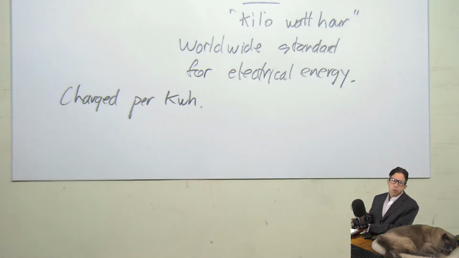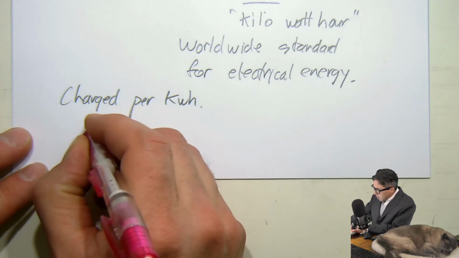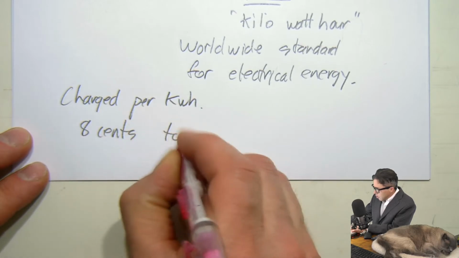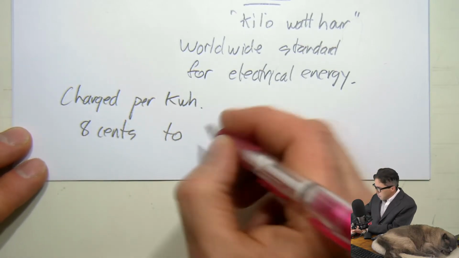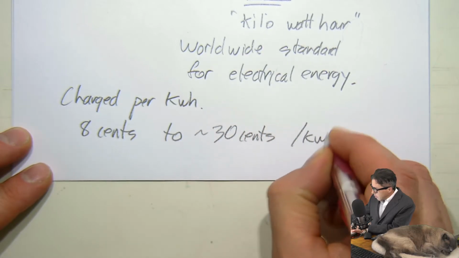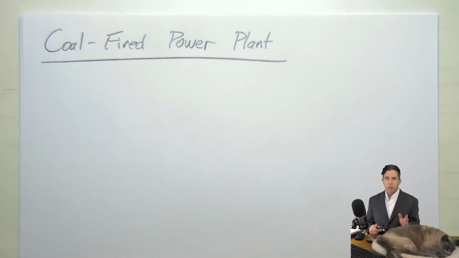So a rate depends on where you live, but on the low end maybe 8 cents to, depending on where you live, maybe as high as 30 cents per kilowatt hour. So we're going to learn how to calculate a carbon footprint, which just means how much carbon are we putting into the atmosphere when we do different things. And we're focusing in this class on electricity because it's kind of the easiest one to deal with.